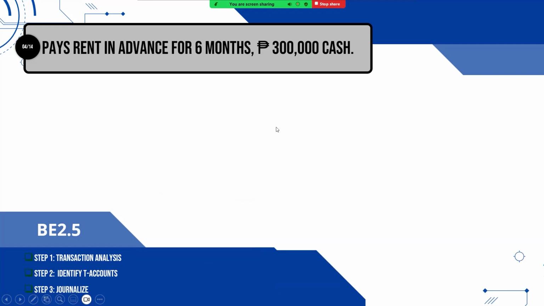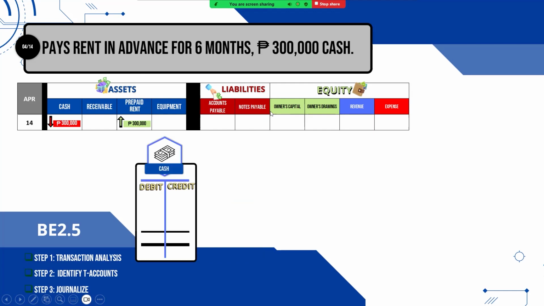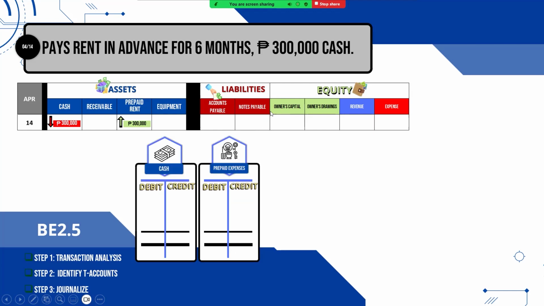Next, we pay rent in advance for 6 months of 300,000 in cash. Now that we know the concept of prepaid assets, we know that we lost 300,000 in cash, but in exchange we gained an asset called prepaid rent in the form of 300,000. So now we create our T accounts, our cash and our prepaid expenses.